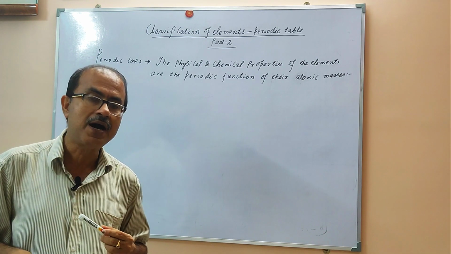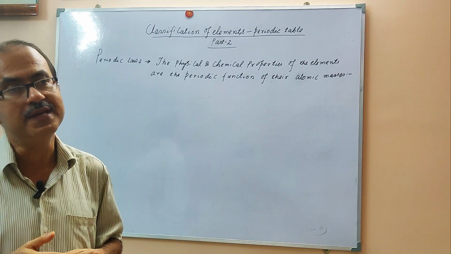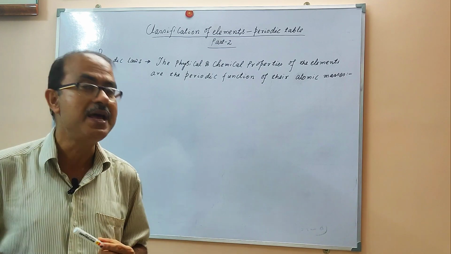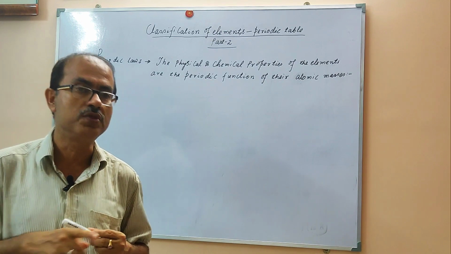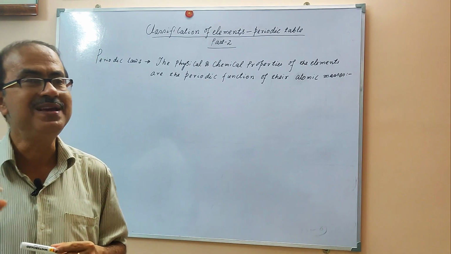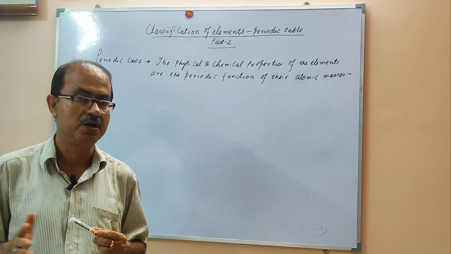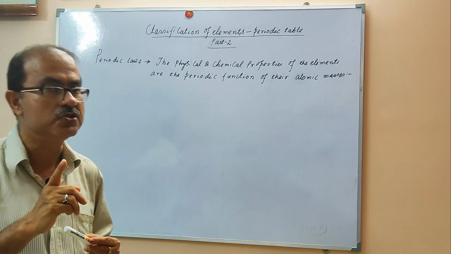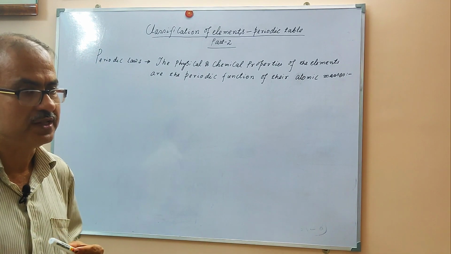Elements with similar properties are arranged in the same vertical column. In the horizontal row, called the period, elements with different properties are separated from each other. So there are 8 groups and one zero group, and 7 rows called periods.